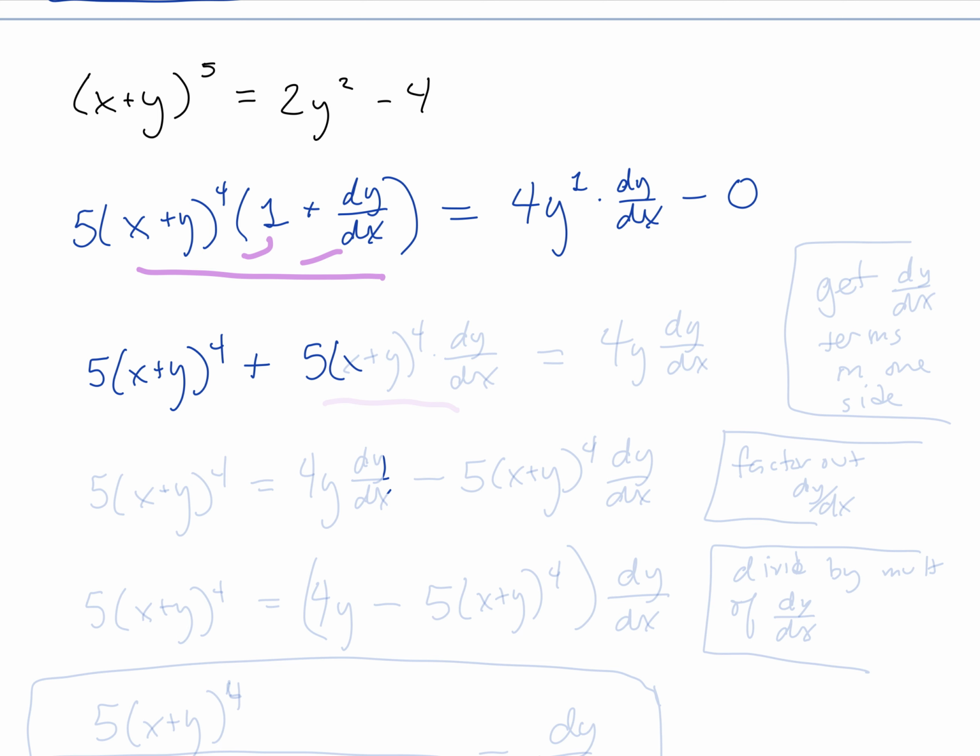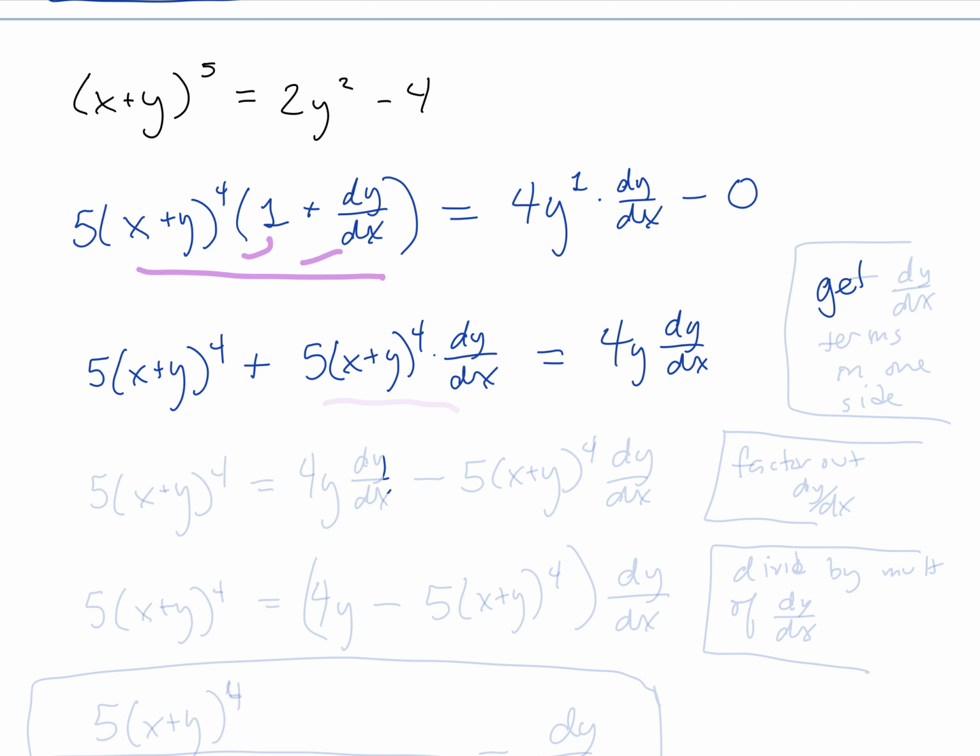That's 5x plus y to the fourth times dy/dx is equal to 4y dy/dx. And again, I need to get all my dy/dx terms on one side of the equation so that I can factor out.